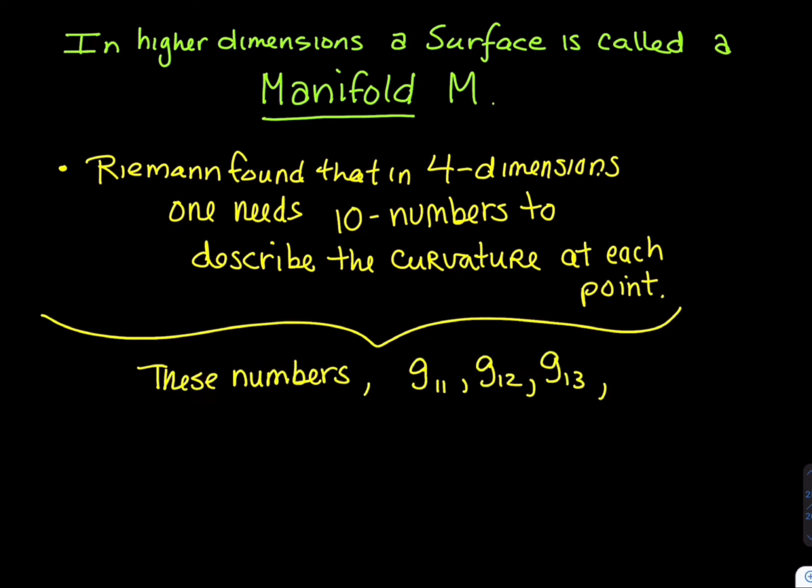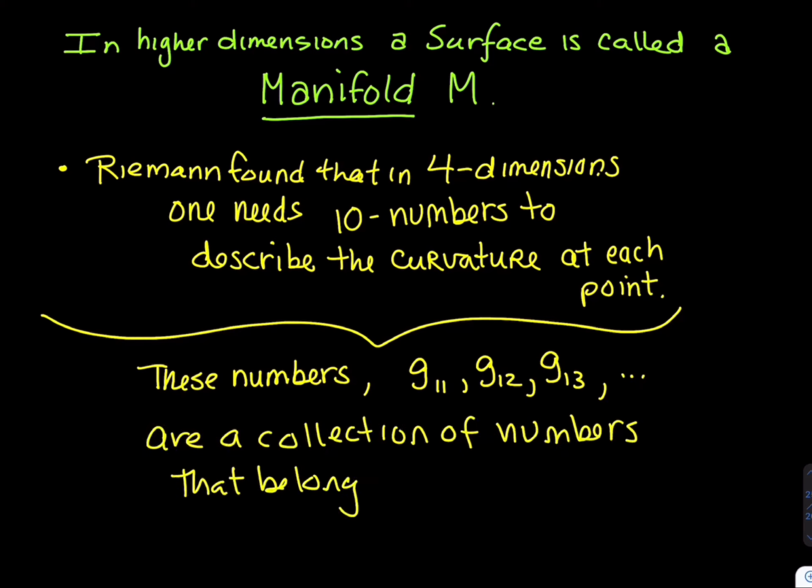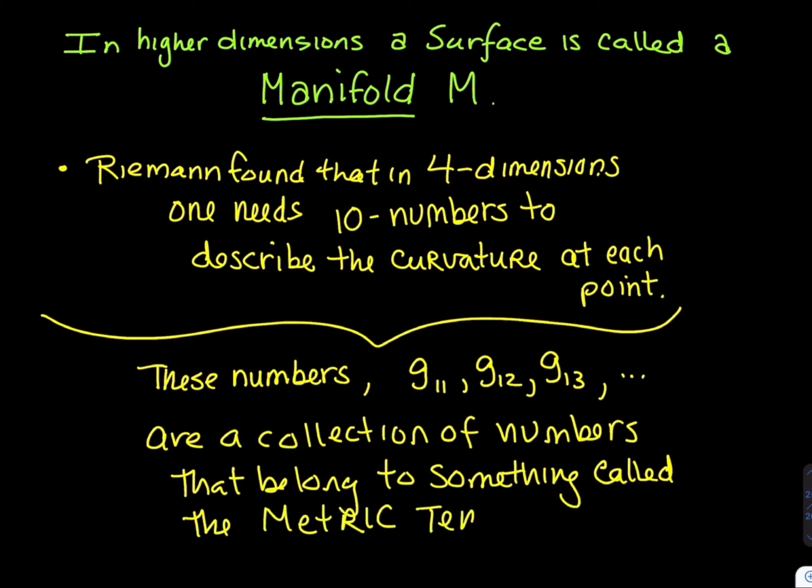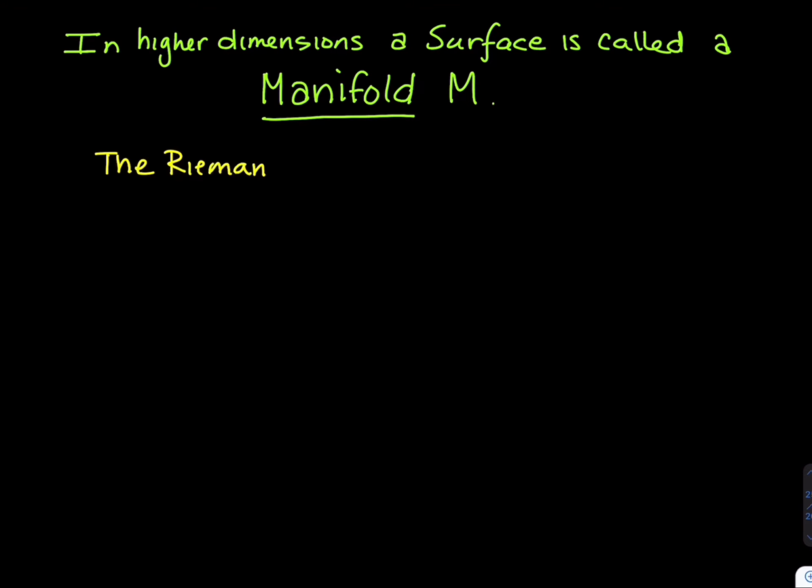The numbers that describe the bend in space are given by a collection of numbers called the metric tensor. It's a way of measuring lengths in higher dimensional space. It's a collection which we would know as a matrix.